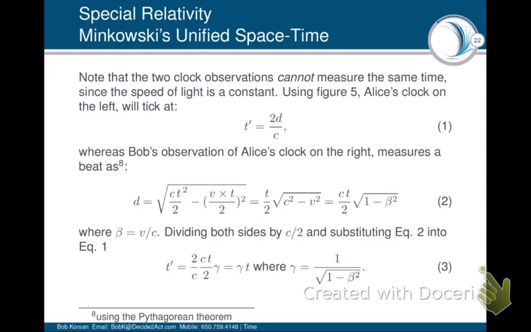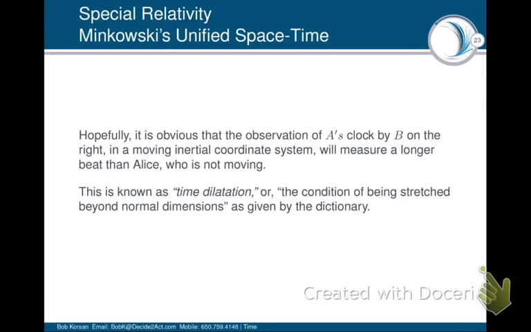And gamma, beta is v over c, so it's some fraction of 1. This is 1, this is smaller than 1, the bottom is smaller than 1, so the top is bigger than 1. So this stretches out the time.